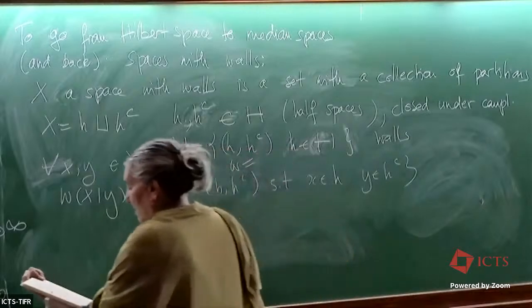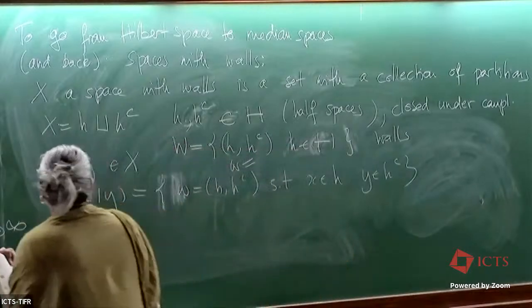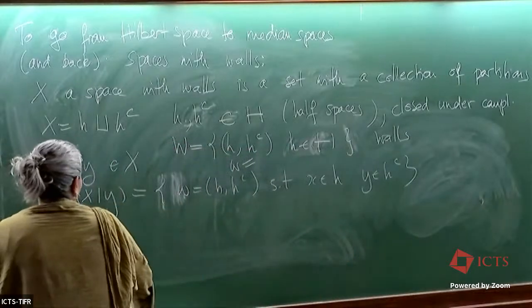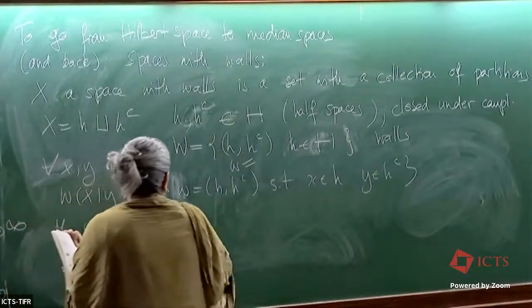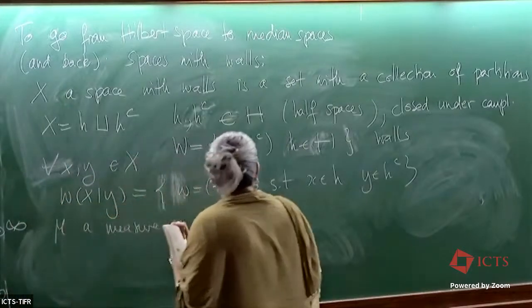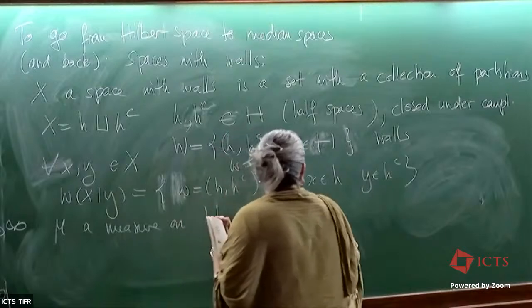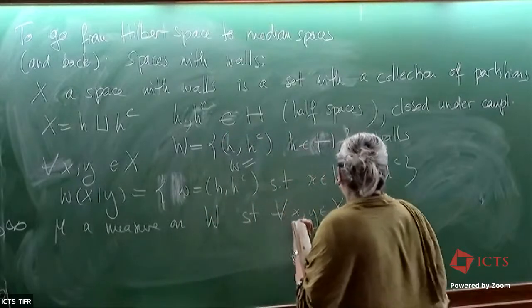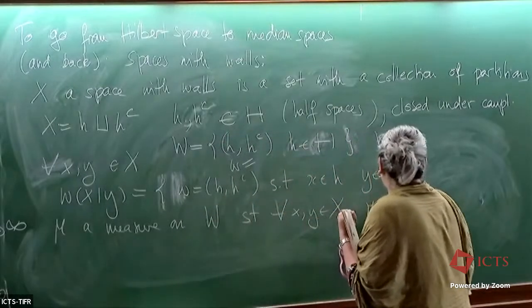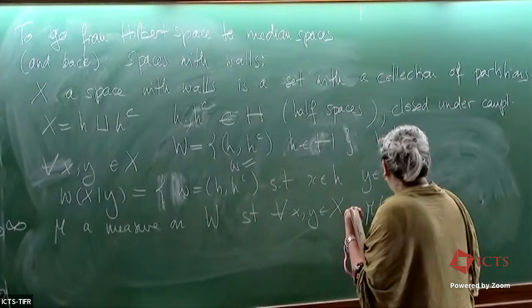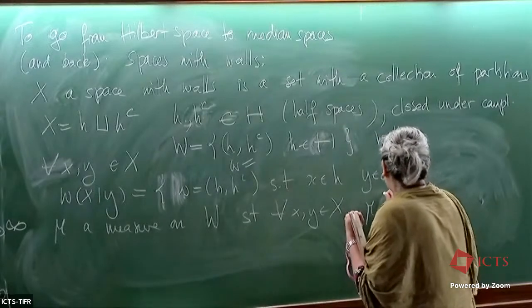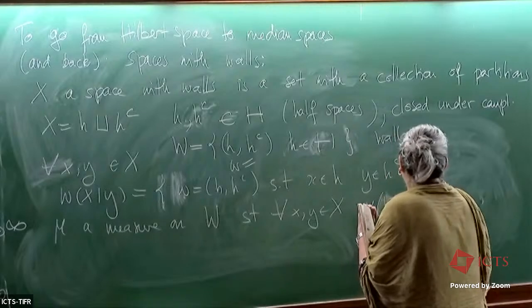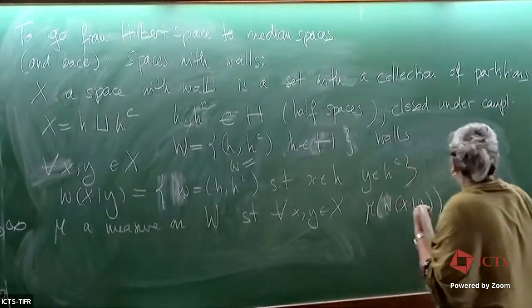And you also want mu, a measure on W, such that for any x, y in X, the measure of the set of walls separating x from y is finite.